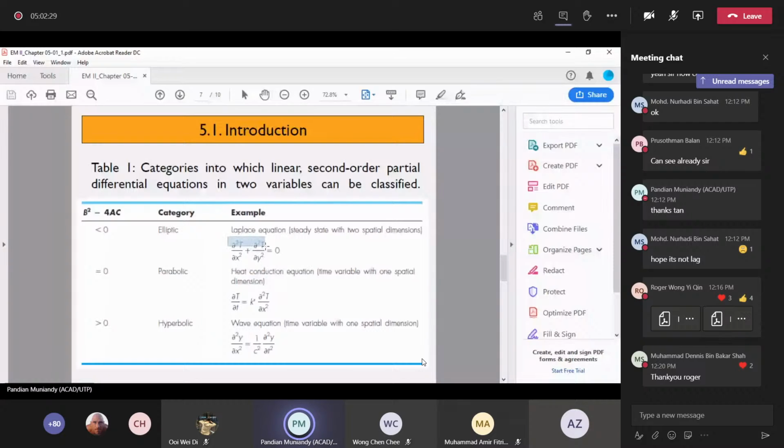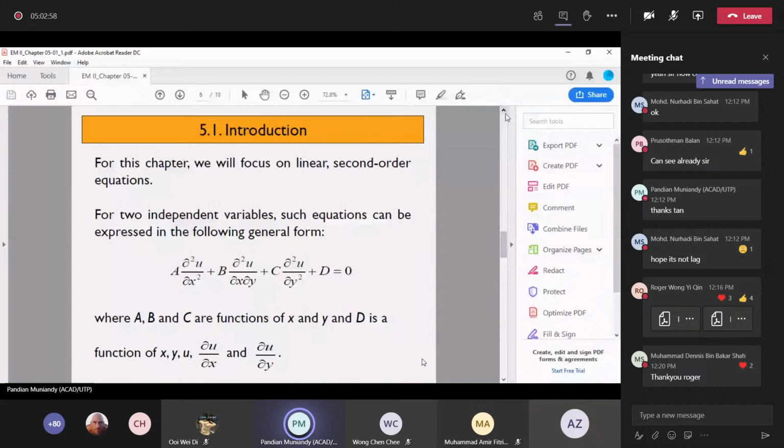Now, if B squared minus 4AC equals 0, then it is a parabolic equation. In this case, it involves the first order derivative. B squared minus 4AC equals 0 means your B can be 0, and A and C can be negative also.